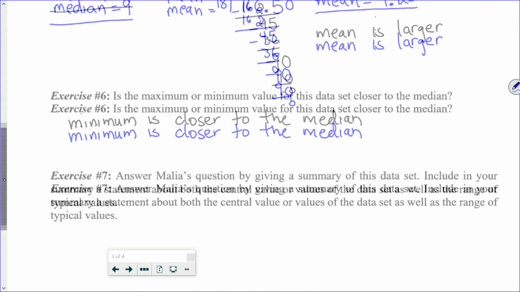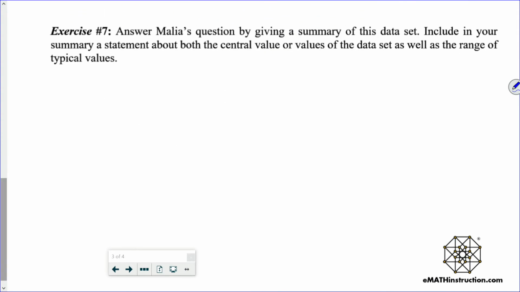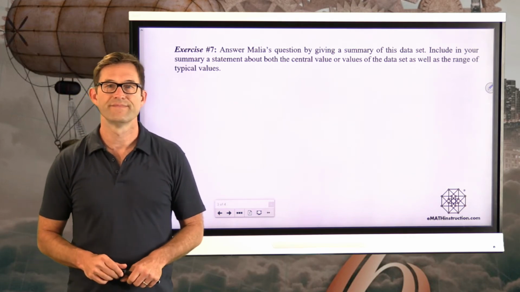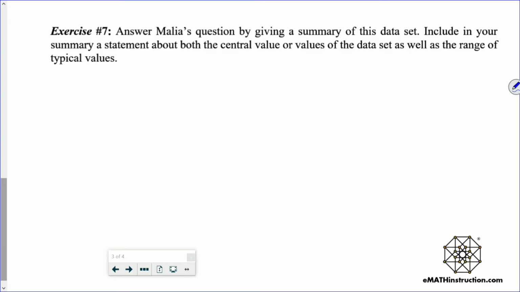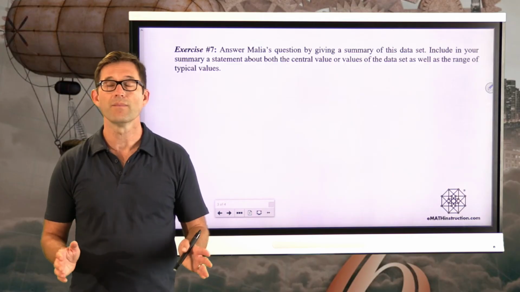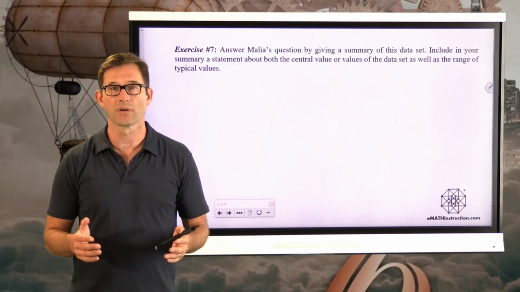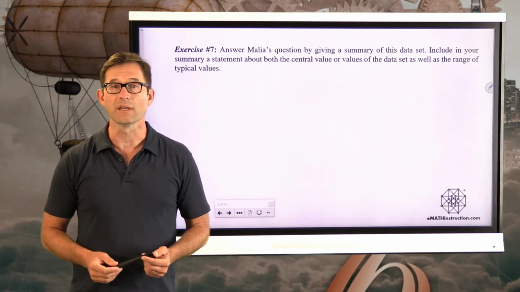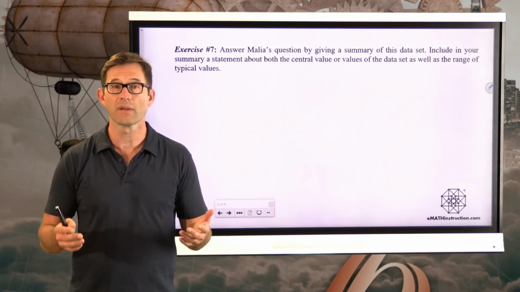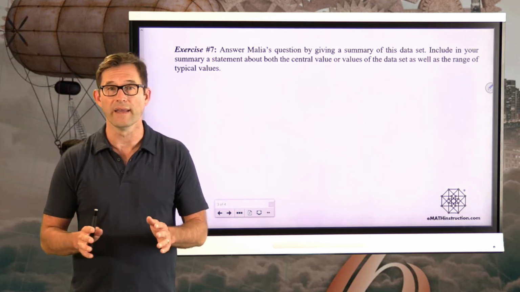Okay. Now finally, right? Exercise number 7. Answer Malia's question by giving a summary of this data set. Include in your summary a statement about both the central value or values of the data set, as well as the range of typical values. So in other words, Malia has set out to answer a question: how many hours of sleep do students in my class typically get on a weekend night?